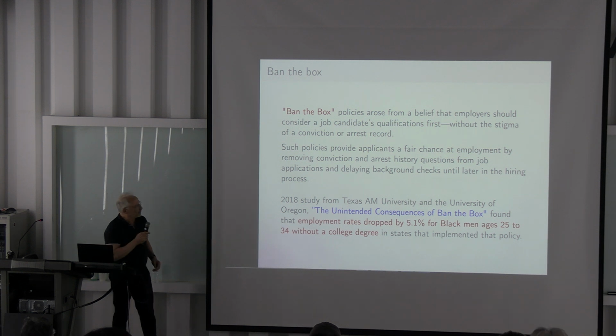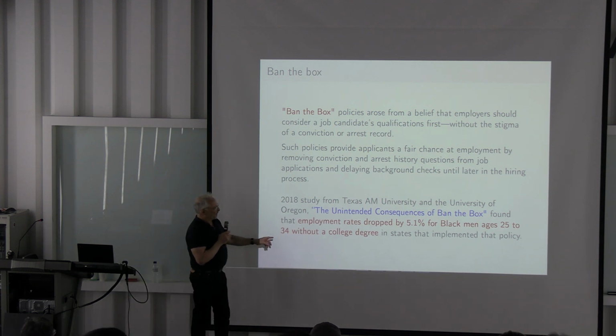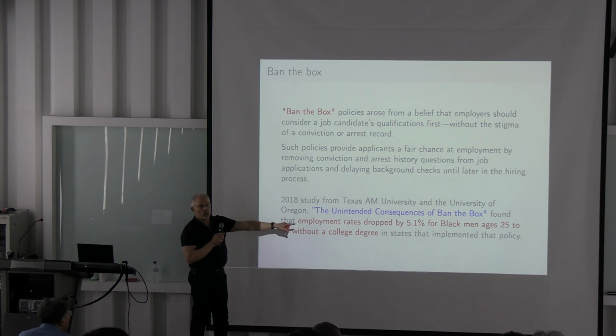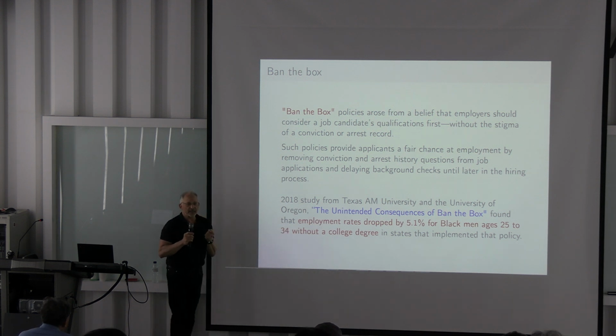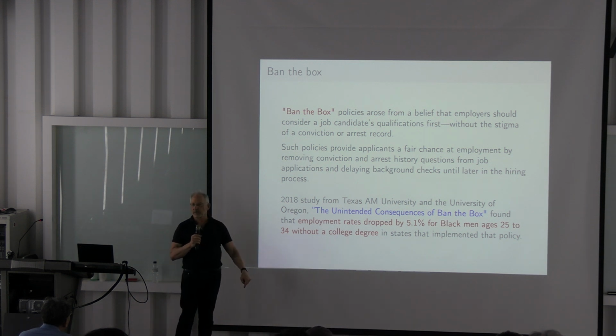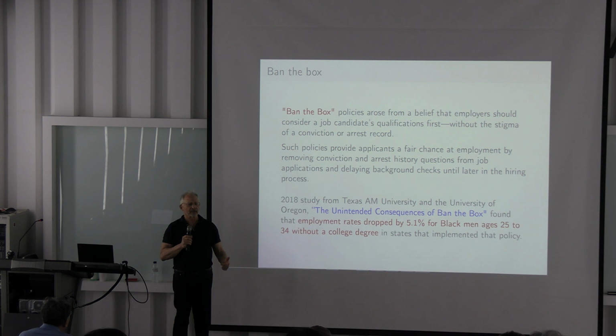And it finds the employment rates dropped by 5% for black men in the age of 25 without a college degree, once you did not ask, were you convicted of a crime? So the purpose was to increase the chance of black people to get a job. It decreased the chance of black people to get a job. How can we explain it?